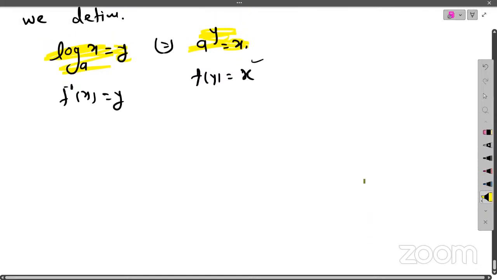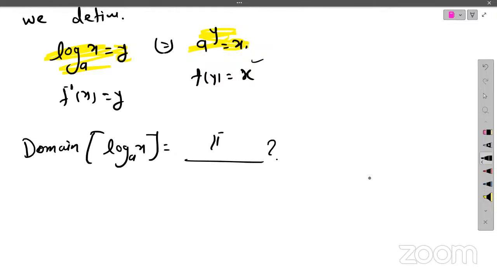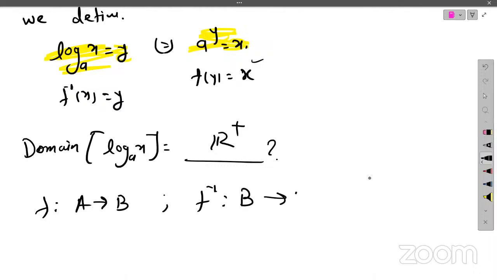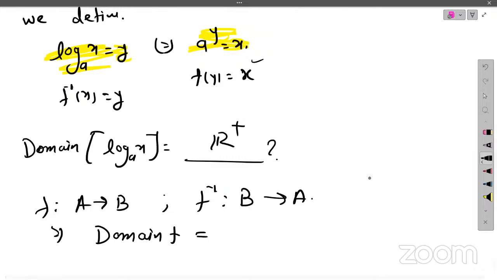Okay. Now how can we judge the graph of log x? Again, here we have some restriction over a and x. So what will be the domain of log x? Can anyone tell? What will be the domain of log base a of x? R plus. R plus, correct? Because we know if f is a function from A to B, then its inverse will be a function from B to A. So the domain of log is R plus, meaning the open interval 0 to infinity.